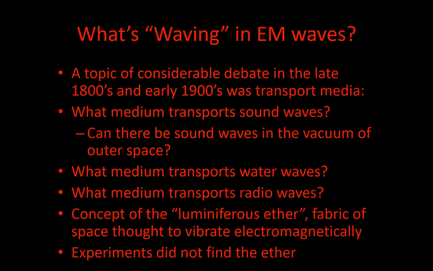People felt that maybe that was the case, where light was a mechanical wave moving through space itself. And experiments couldn't define this luminiferous ether and find it. And this was a constant debate from Newton's period all the way up to Einstein.